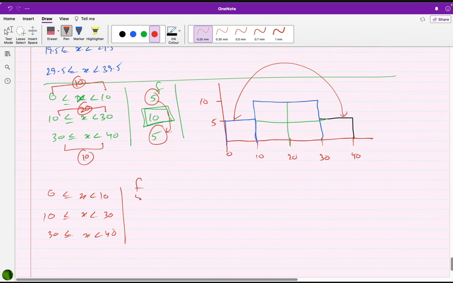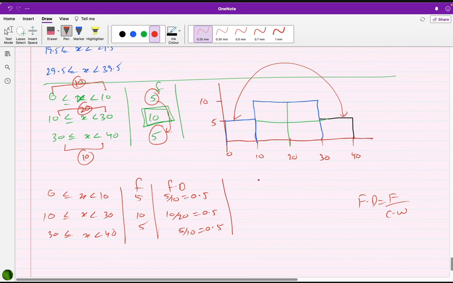Frequency was given, which was 5, 10, and 5. The formula for frequency density is frequency divided by class width. Frequency is 5 and class width is 10, so 5 by 10 is 0.5. Then 10 by 20 is 0.5. Then 5 by 10 is 0.5.